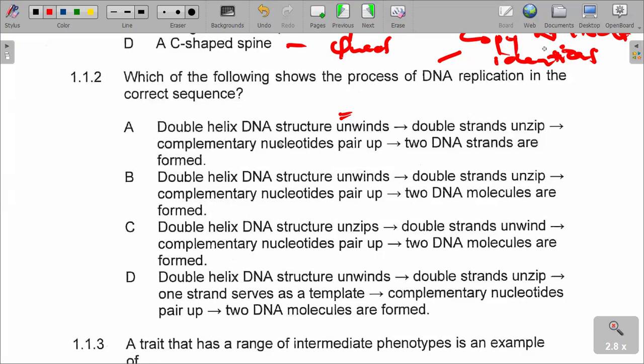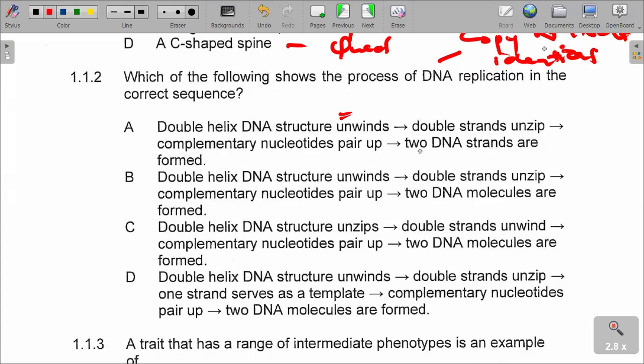But you see, we are saying it unwinds, yes, double strands unzip, complementary nucleotides pair up, two DNA strands are formed. We want to go through all the possible options that are there. The double helix structure unwinds, the double strands unzip, complementary nucleotides pair up, and two DNA molecules are formed.